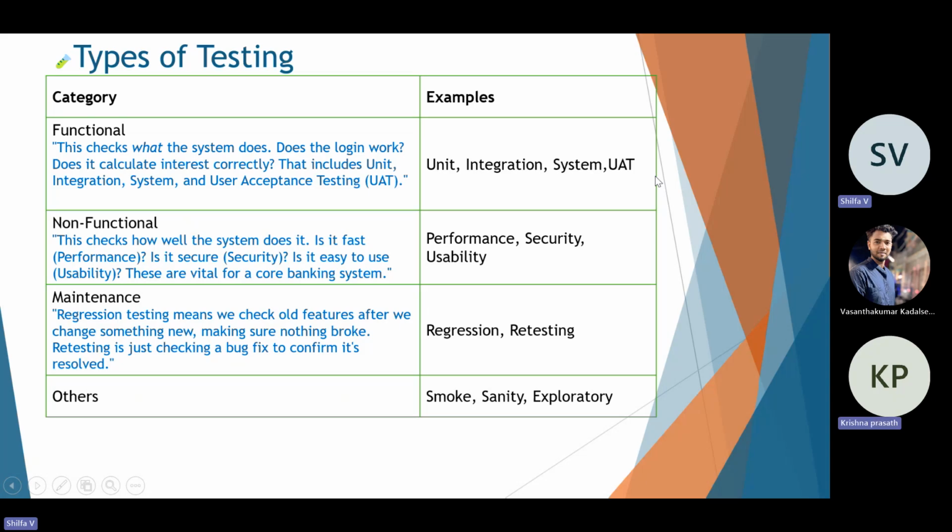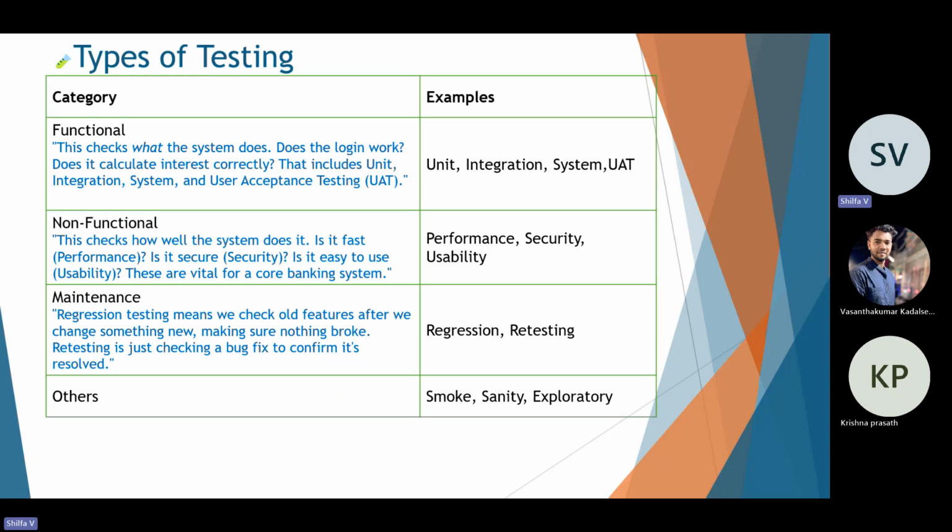Functional testing covers questions like: does the login work, and what does the system do? Non-functional testing involves performance, security, and usability testing, that is, how the system works, whether it is fast, whether the security is proper, and whether it is easily usable. Next is maintenance testing, which involves regression and retesting.